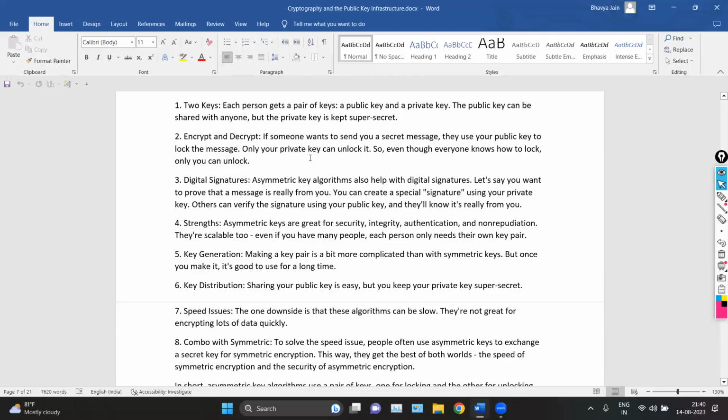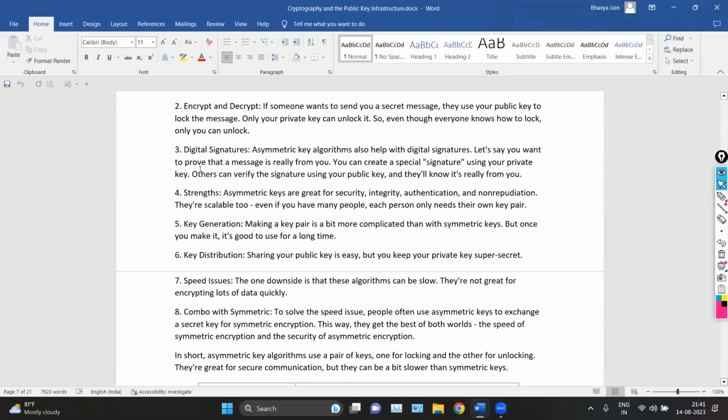So there's no issue of sharing the key here. This is the benefit. There's no scenario of sharing the same key, because everyone has their own pair of keys, private and public. The public key can be accessed by anyone and the private key is super secret.